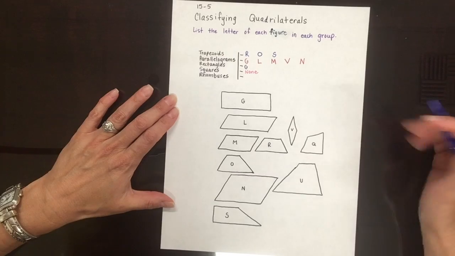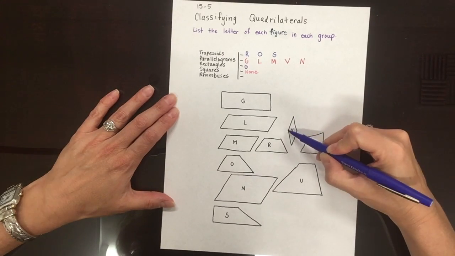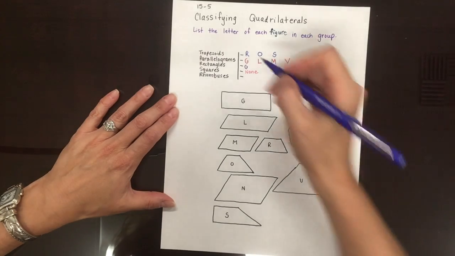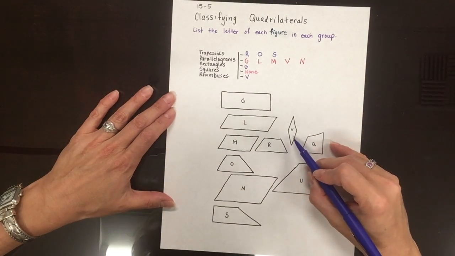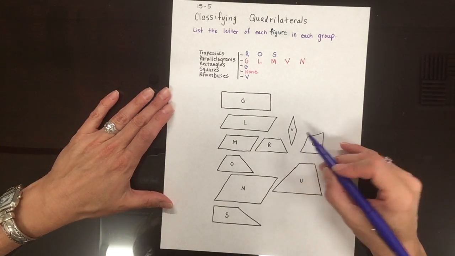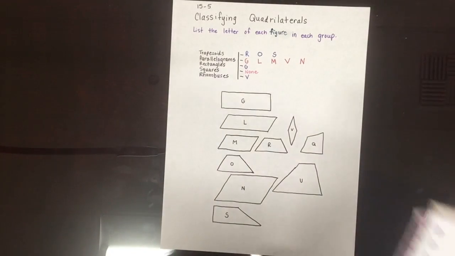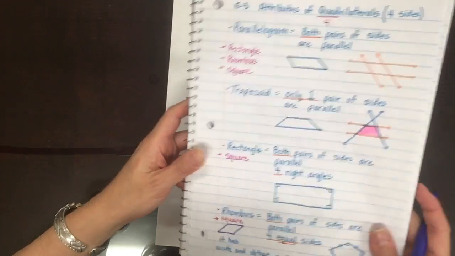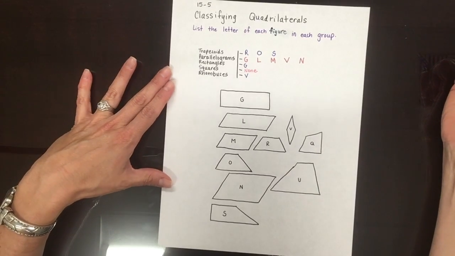If you picked V, that would be correct. Here we can see both pairs are parallel and it has 4 equal sides. So a rhombus can look like a diamond kind of shape, and sometimes like a slanted square, because it has those 4 equal sides.